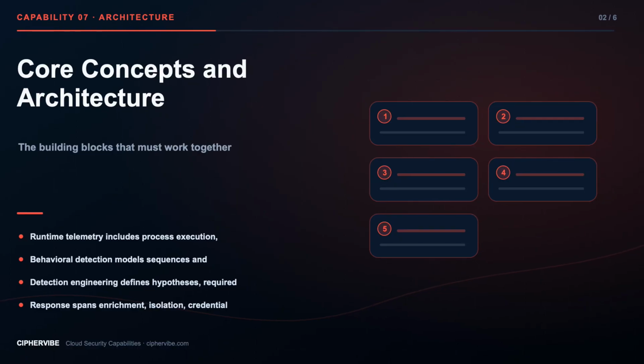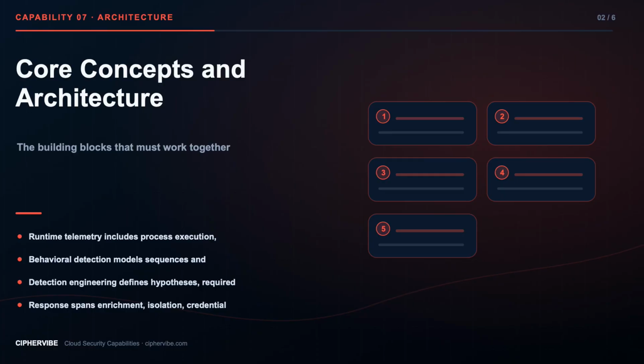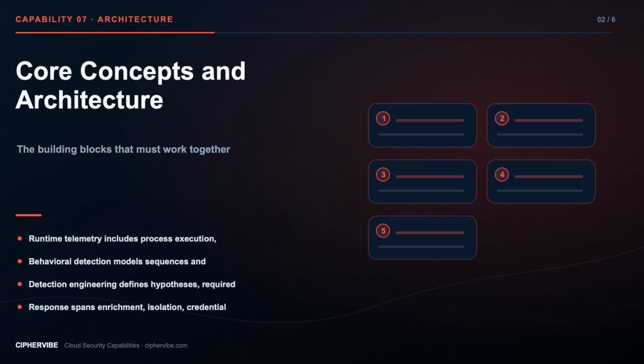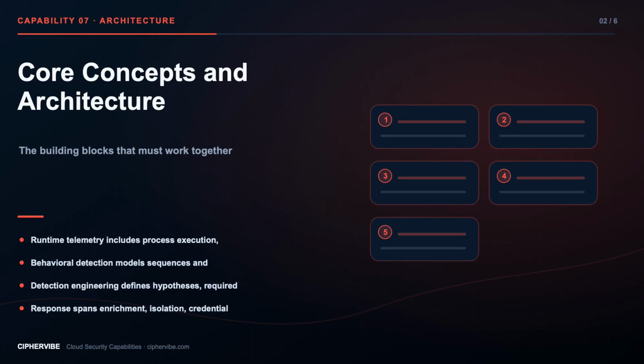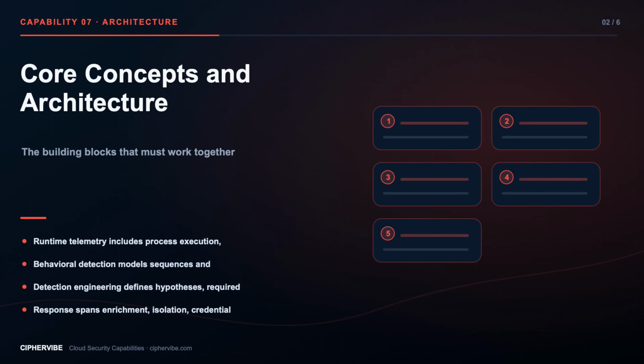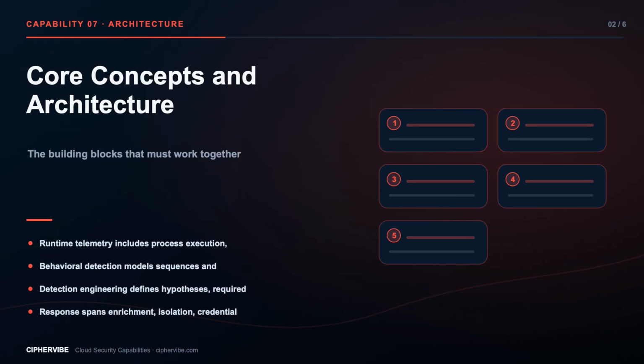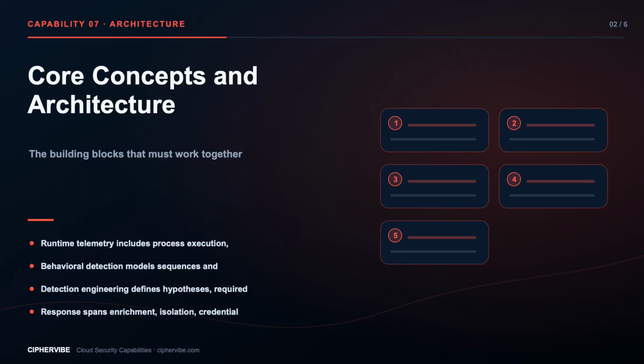Third, detection engineering defines hypotheses, required telemetry, logic, expected false positives, triage context, and validation tests. Fourth, response spans enrichment, isolation, credential revocation, workload containment, evidence preservation, recovery, and lessons learned.